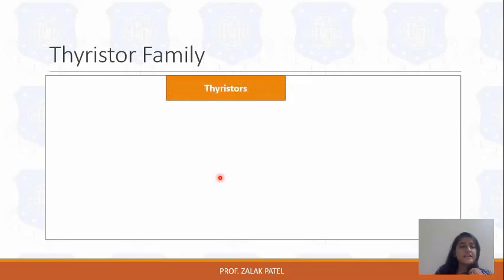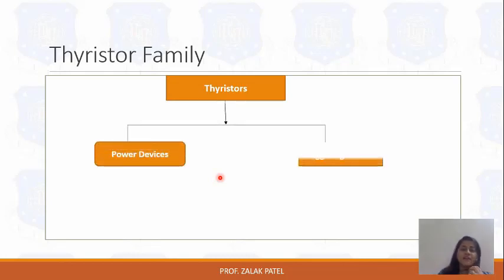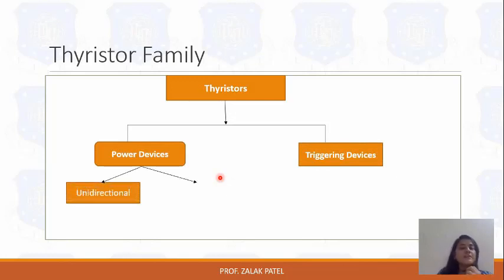Now let's see the classification of the thyristor families. First of all, thyristors are classified into two partitions, that is power devices, and the second is triggering devices. The power devices are again partitioned into two parts, that is unidirectional as well as bidirectional.